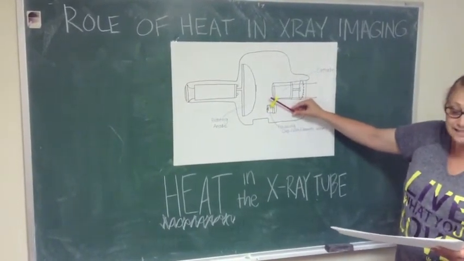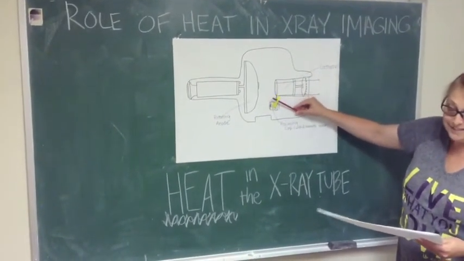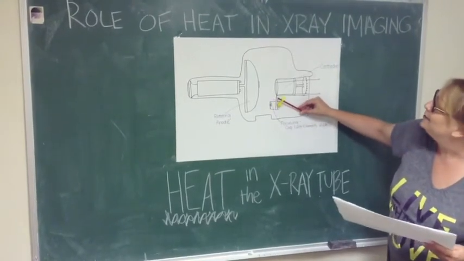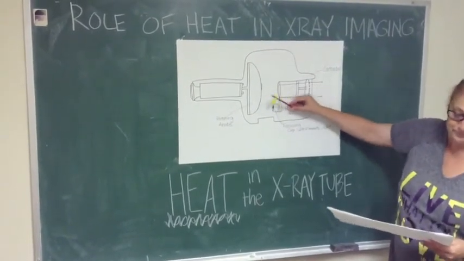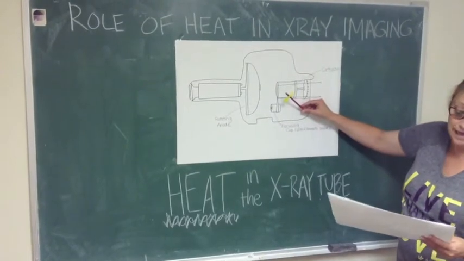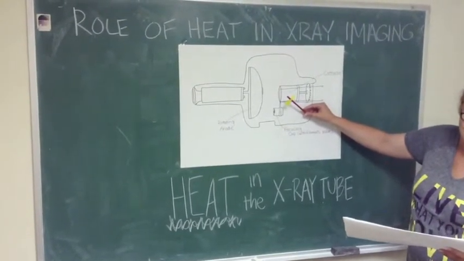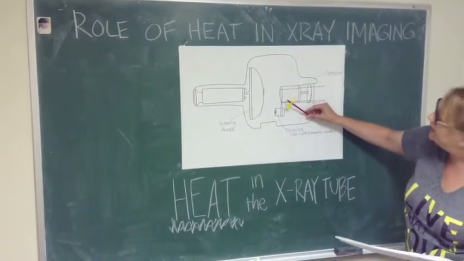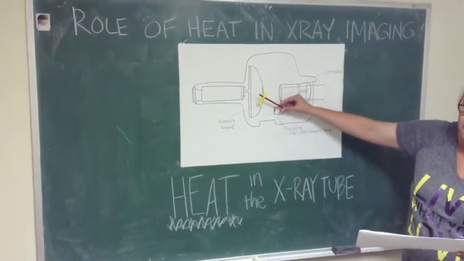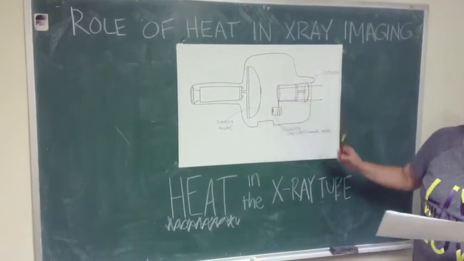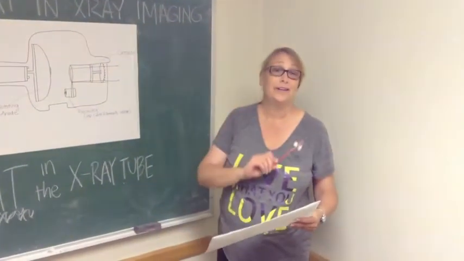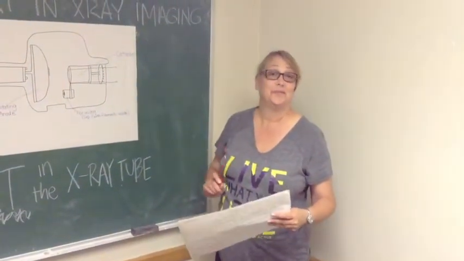The filament heats up and releases a bunch of electrons called thermionic emission. Once kilovoltage is applied to the tube terminals, the electrons instantaneously accelerate towards the anode and go out the tube. And Ariel is going to explain that process to you.